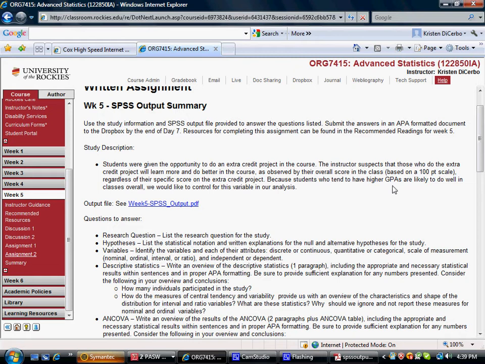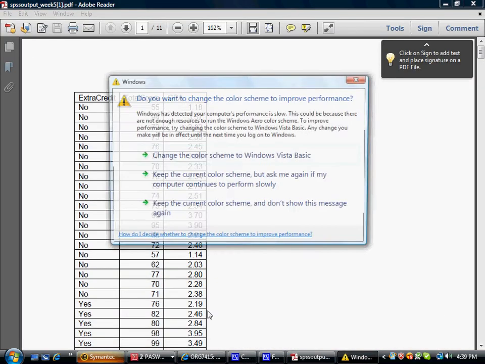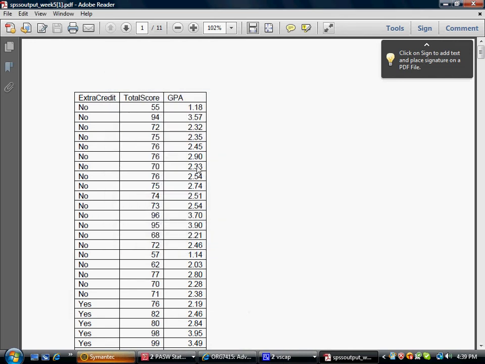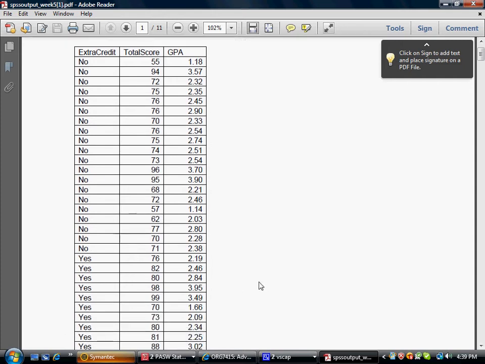Because students who tend to have higher GPAs are likely to do well in classes overall, we'd like to control for this variable in our analysis. So our covariate is this GPA that we see here in this column, and their total score is the total score for the class, and then whether they did extra credit or not.